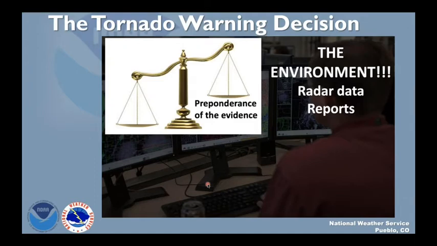So if we know what's already in the storm, we can better prepare your neighbors, or the people in the neighboring town, for what's going to occur to them. And if the storm has a good history of producing large hail or tornadoes, we're more prone to issue a severe thunderstorm warning again on that particular storm. It has violent tendencies, and it'll likely continue to have violent tendencies for a while longer.